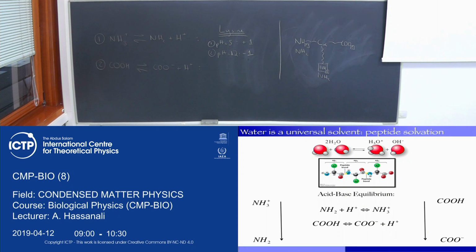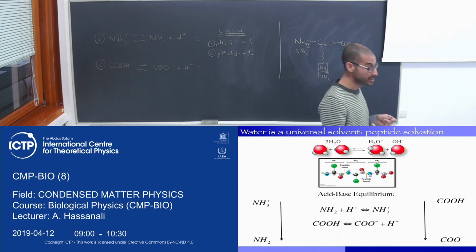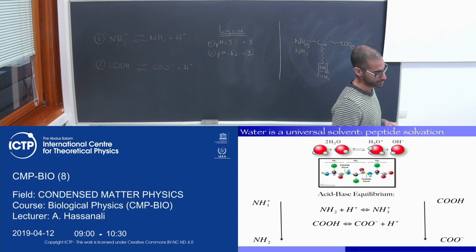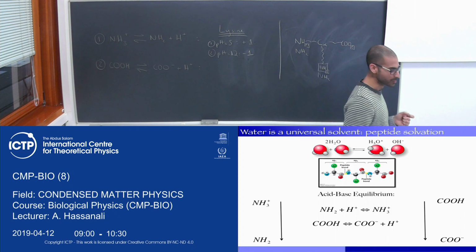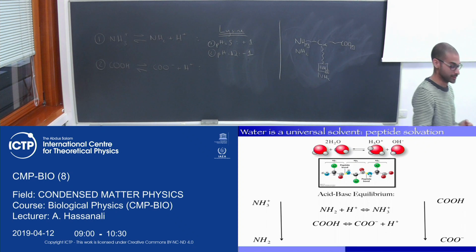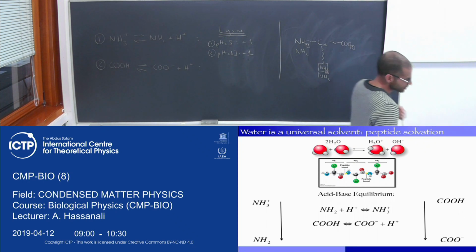Well, I already told you that temperature, for example, and pressure can be a knob to change the stability of a protein. Okay, so these anomalies must couple in some way to changing the stability of proteins on its temperature pressure phase diagram.